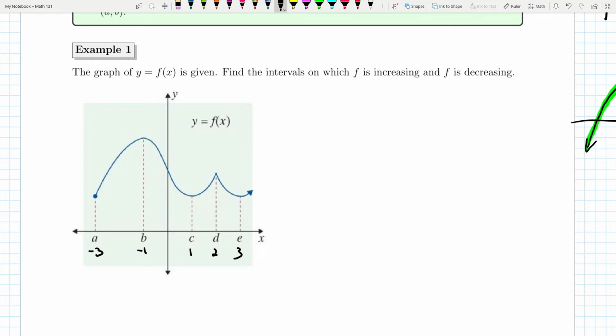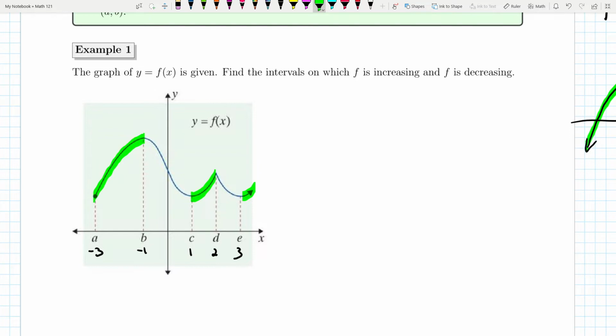We need to look at the graph and observe the intervals in which the graph is going up. Let's identify the intervals where it's going up, and I think over here it's also going up. All right, so let's make a list of these intervals.